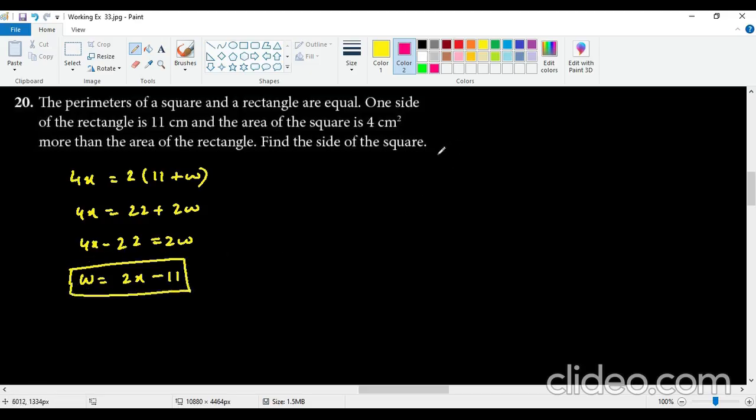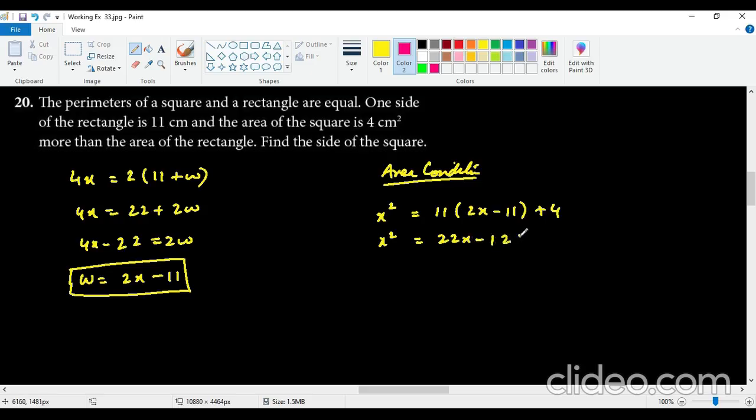Now the area condition is different. The area condition is something like: area of a square is x square, and 11 times 2x minus 11 is 4 more. So when simplified, it gives us 22x minus 11 times 11, which is 121, plus 4. So x square equals 22x minus 117.